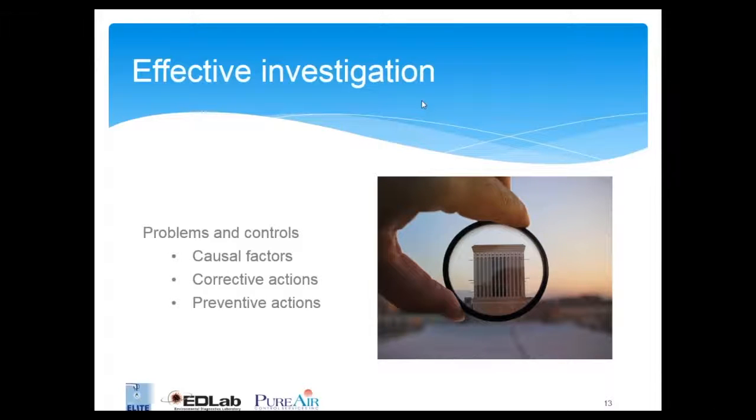So, problem and control is a very significant part of indoor air quality, indoor environment quality, or building-related issues. We need to find out the causal factor. That's the very important thing. Once we find the causal factor, then obviously if there is a problem, we need to initiate a corrective action for that.